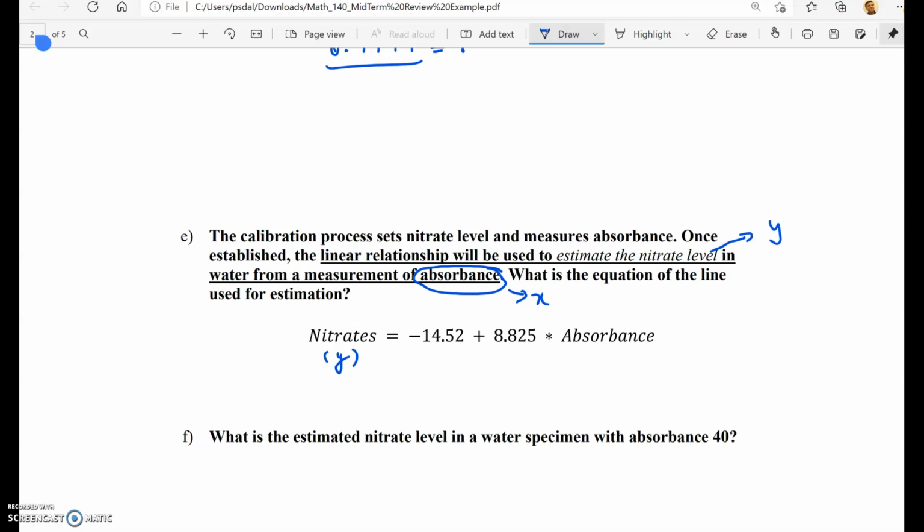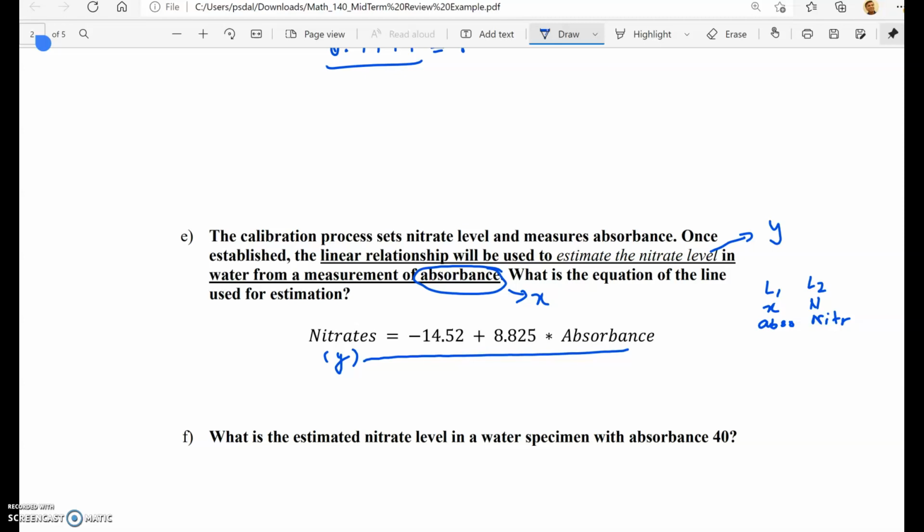Now, enter all the data into your calculator. Make sure your X, which is your first column, is absorbance. That is your L1. And L2 is the nitrate level.